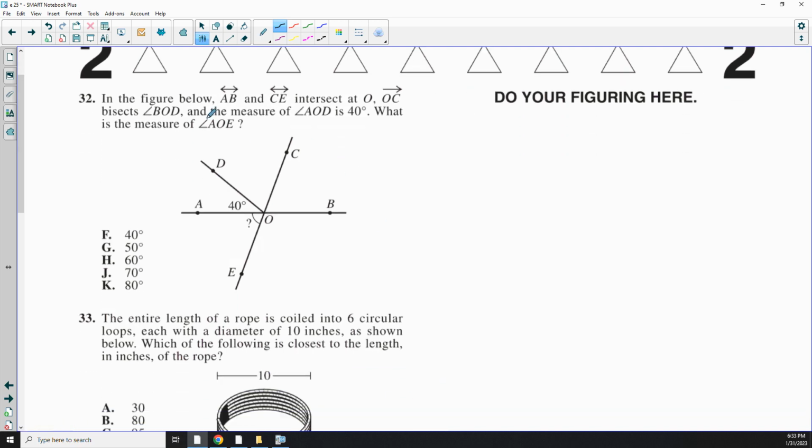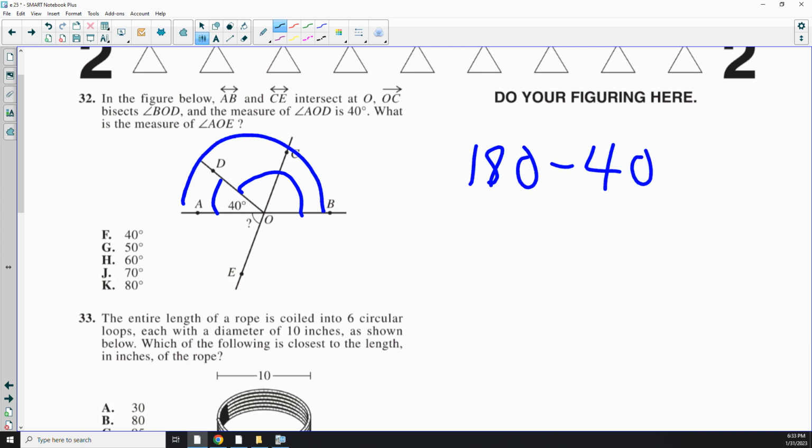All right, here's some angle play. It says OC bisects BOD. So it's a bisector of this big angle. Well, we know this one is 40. So 180 minus 40, because it completes the half moon, is 140.